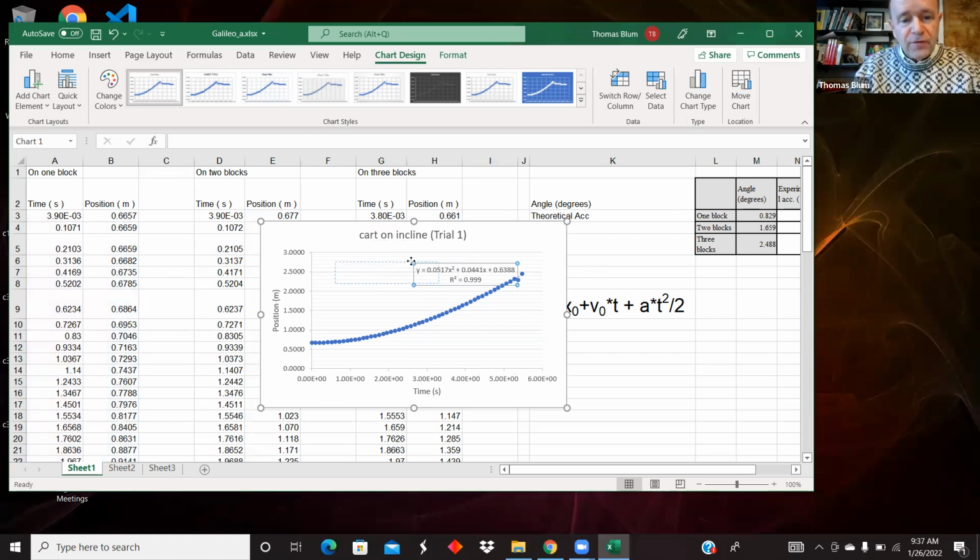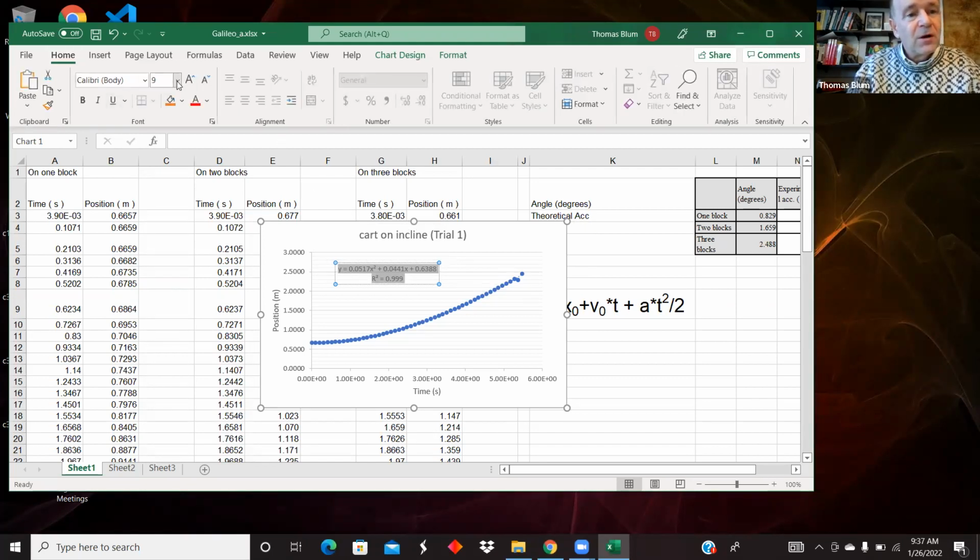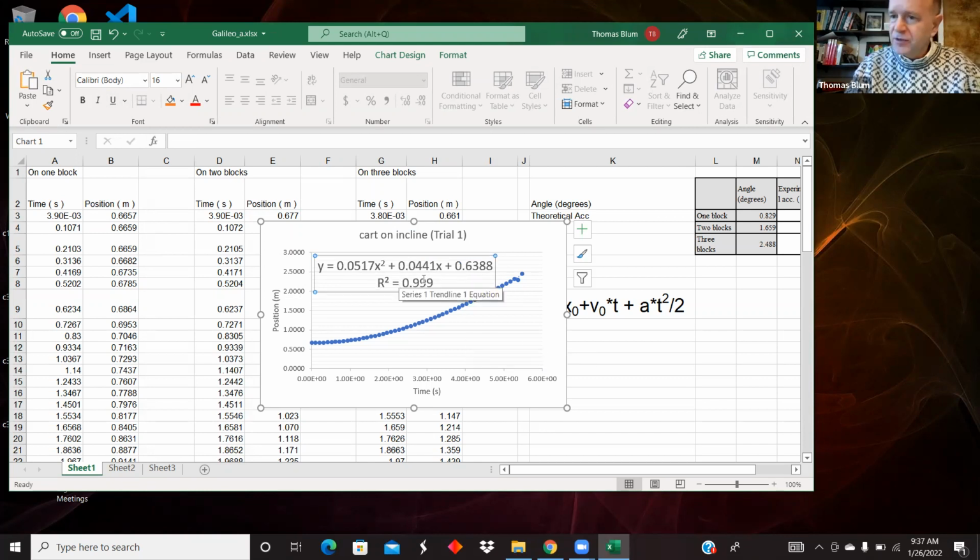And I'm going to move this. I have the equation I want, polynomial. I'm going to make it a little bit bigger. So home, font size, raise it up a bit. Move its position. Okay, the r squared is good. It's close to 1. So this form fits the data pretty well.